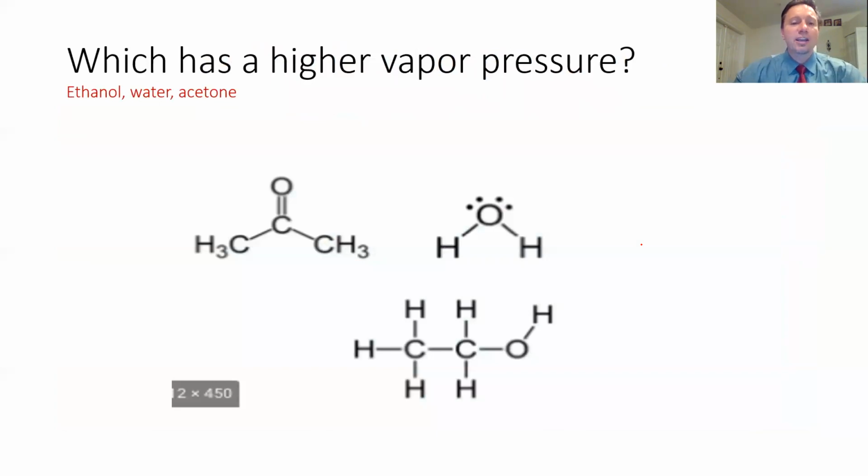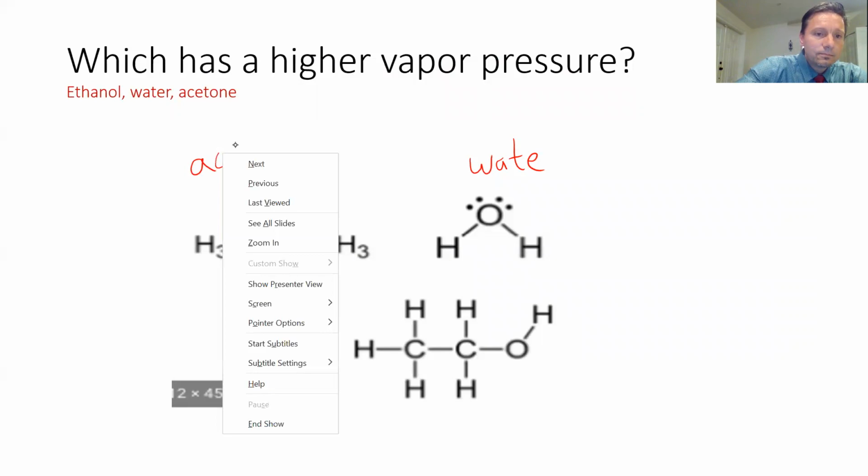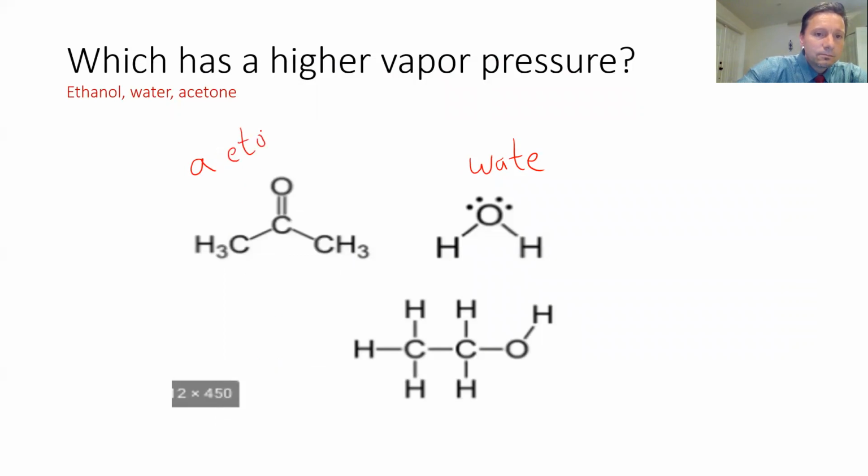So here's a Lewis diagram. So let's just quickly label them here. So here we have our water. Here we have our acetone, and over here we have our ethanol.